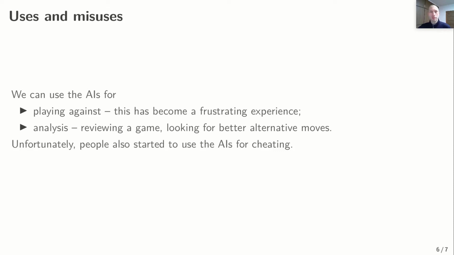It's a lot better to use them for analysis when we want to review a game. Unfortunately, in exactly the same way, people can cheat in online play as well, using the AIs for finding the next good move. And that's actually the starting point of our research project.